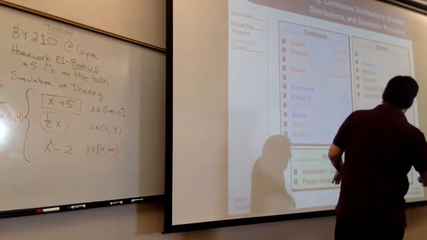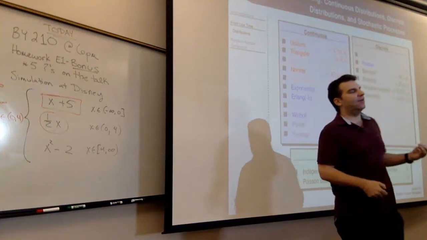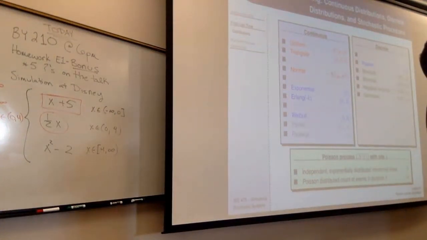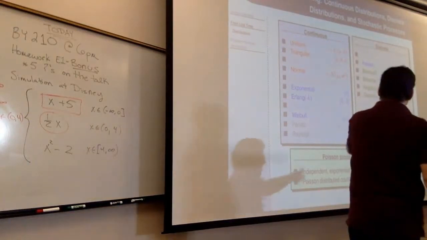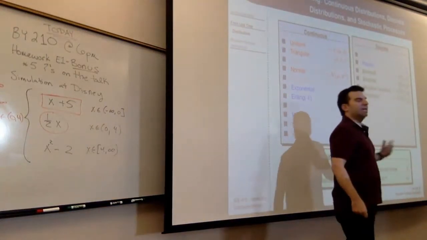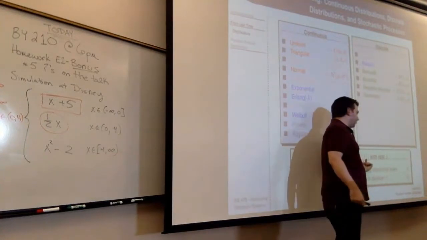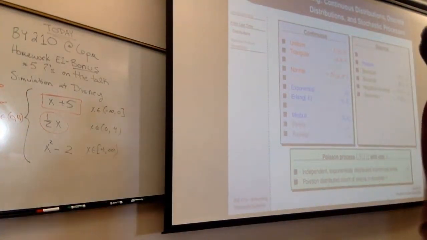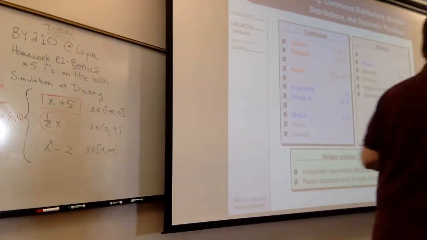But the idea of a process is you collect all of those together for some reason, and then at each index, you've got a different random variable. So in a Poisson process, it's the count of events that occur up through time t. And we bundle all those together, and then we end up talking about relationships between those random variables.